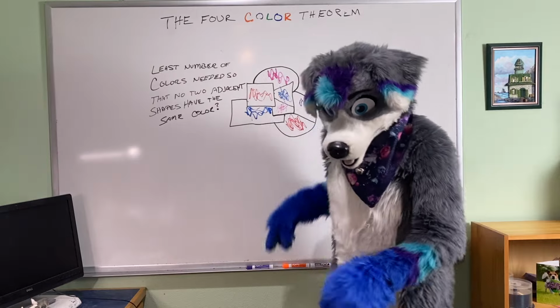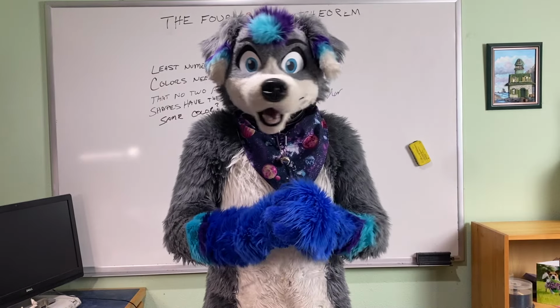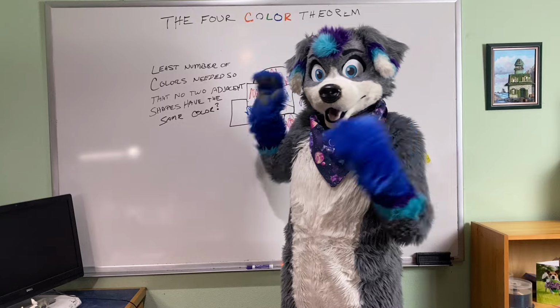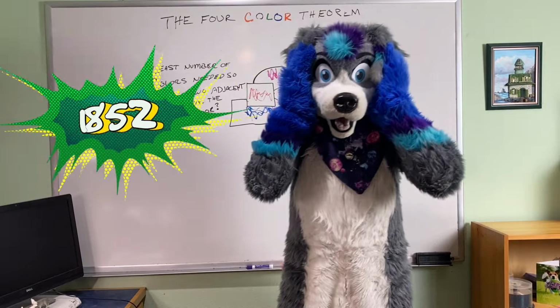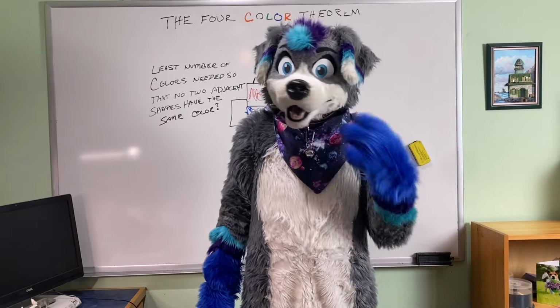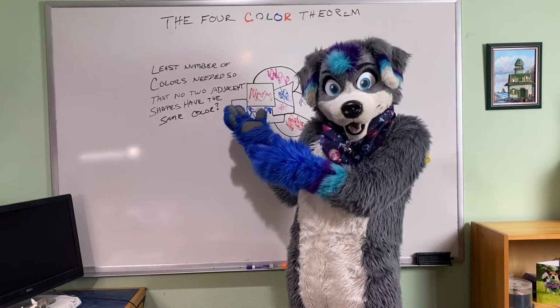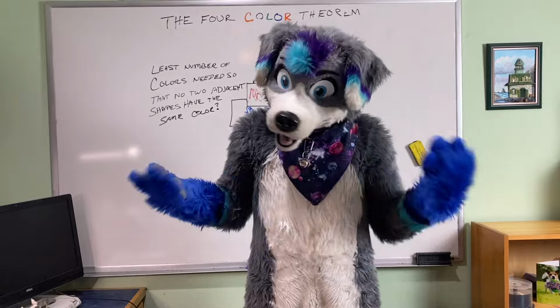Now, this is a really interesting theorem, and it took people many years to figure it out. This question was first posed in 1852. Wow, a long time ago. And people worked on it, and as simple as it seems, and try for yourself, it seems that, oh yeah, it's obvious, but to prove it, people couldn't do it back then.